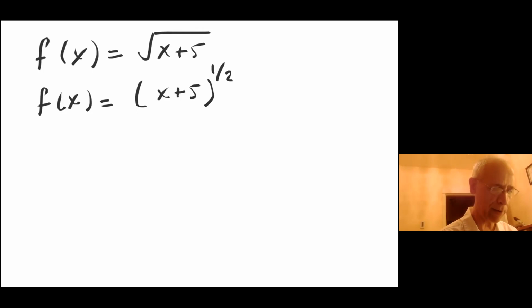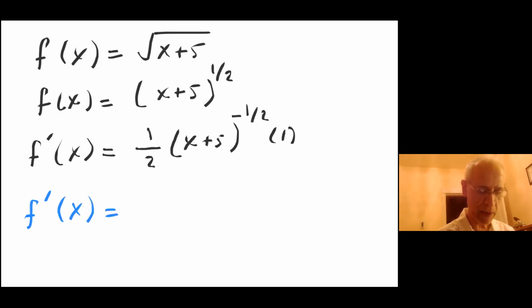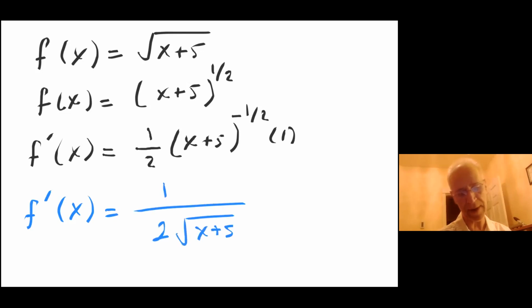Taking the derivative, I have f'(x) = 1/2 (x + 5)^(-1/2). Using the chain rule, I multiply by the derivative of the inside, which is only 1, so I don't really have to multiply it. So I can claim that f'(x) = 1 over 2√(x + 5).